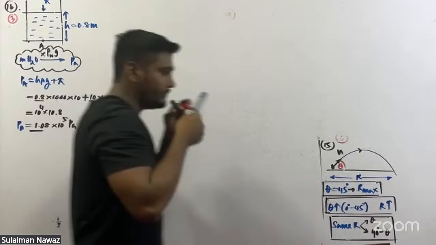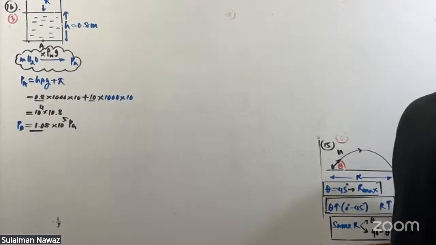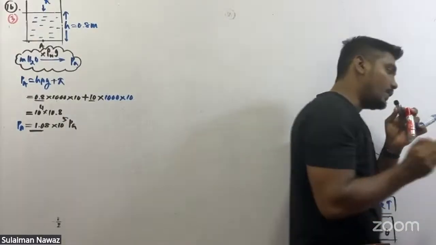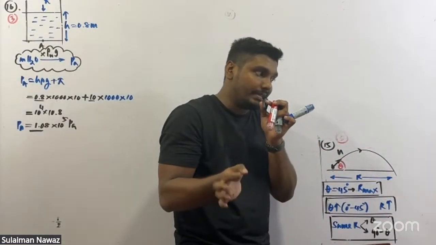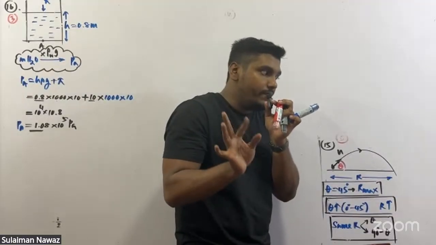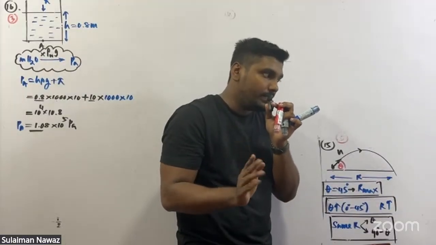Next. Then 15 discussed, 16 discussed, and 17, then 18. A solid cylinder of moment of inertia 8 kilogram meter squared is rotated about its axis at an angular velocity of 600 radians per second and brought to rest.